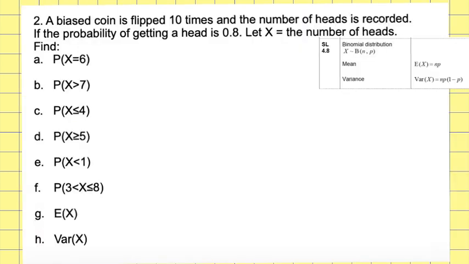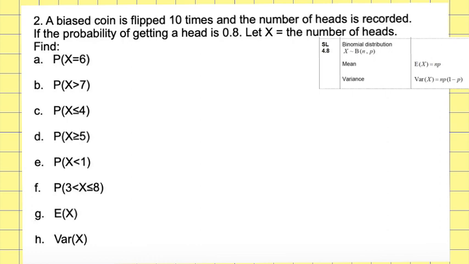Question 2. A biased coin is flipped 10 times and the number of heads is recorded. If the probability of getting a head is 0.8, let x equal the number of heads.